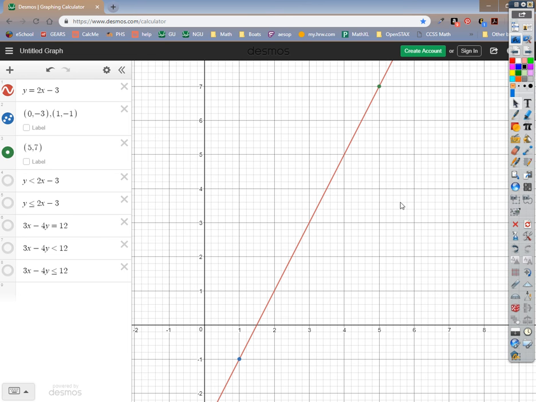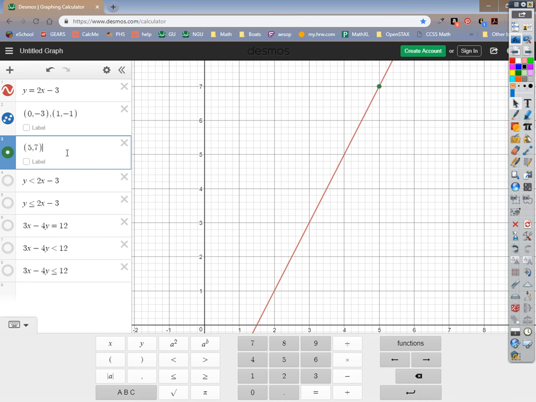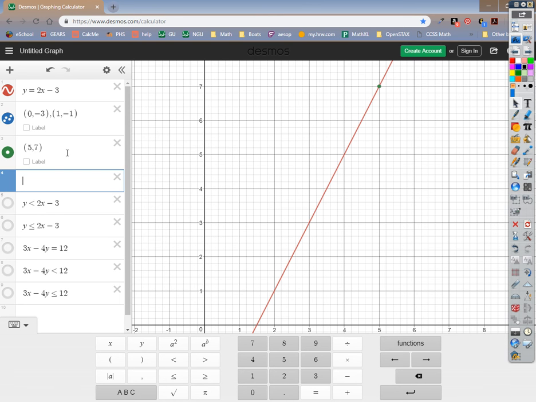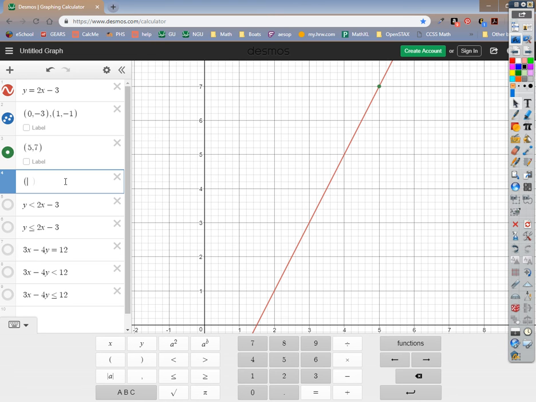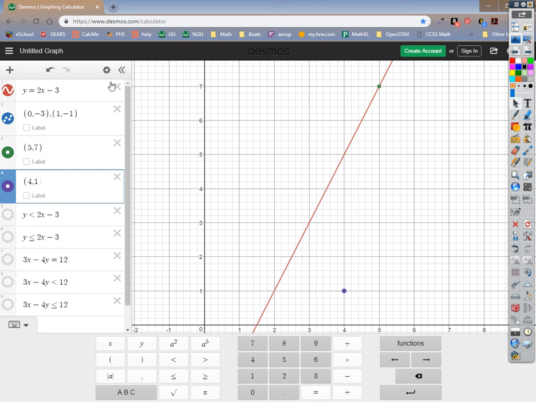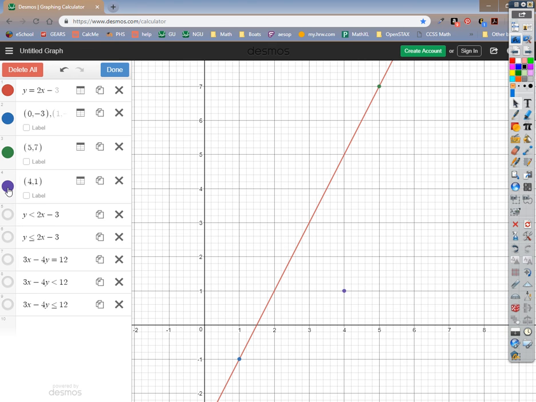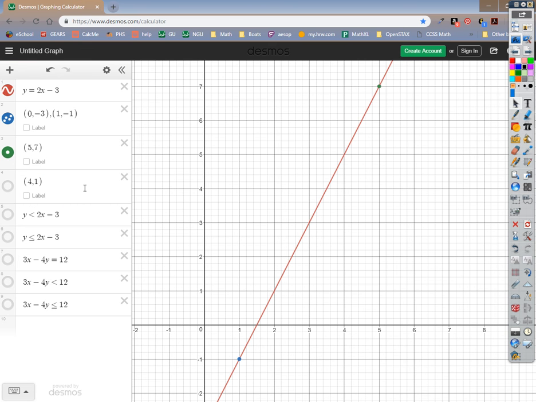So if I pick one instead, how about if I pick the point 4, 1?